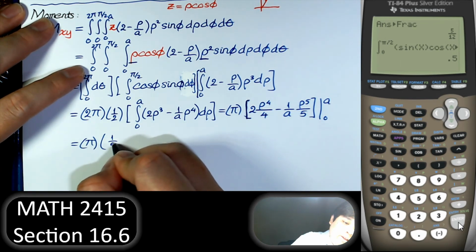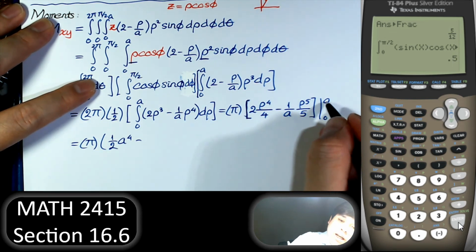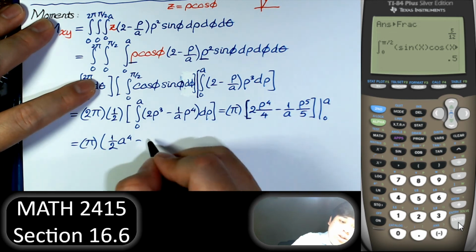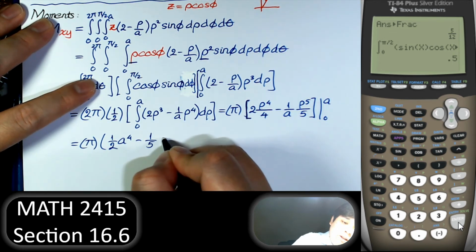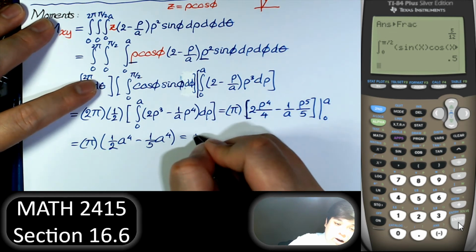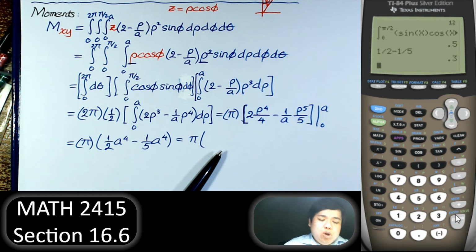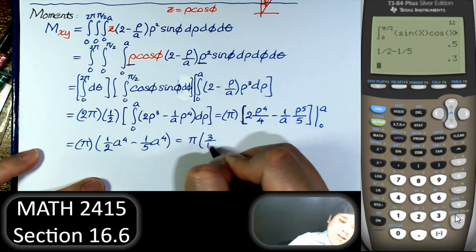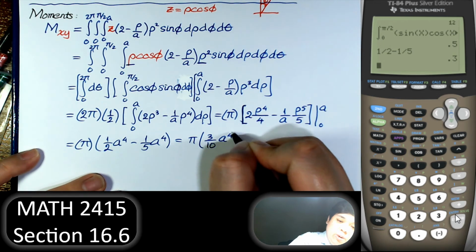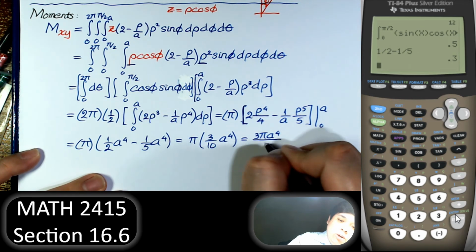So we have 1/2, 2 and 4 cancel out, a to the 4th minus a to the 5th but cancel with a, so we still have 1/5 a to the 4th. So we have pi times 1/2 minus 1/5, which is 3 over 10, a to the 4th. So 3 pi a to the 4th over 10.